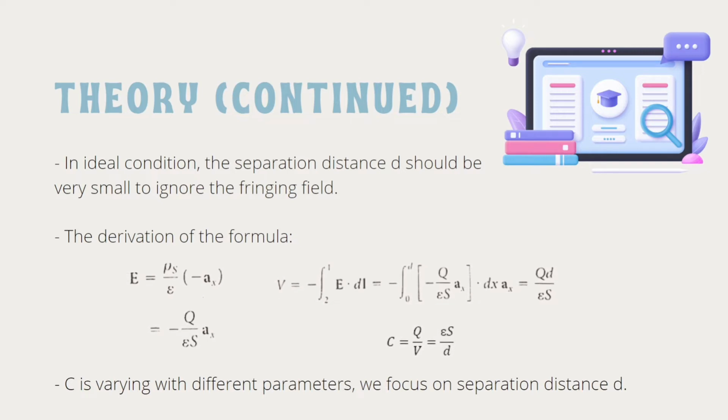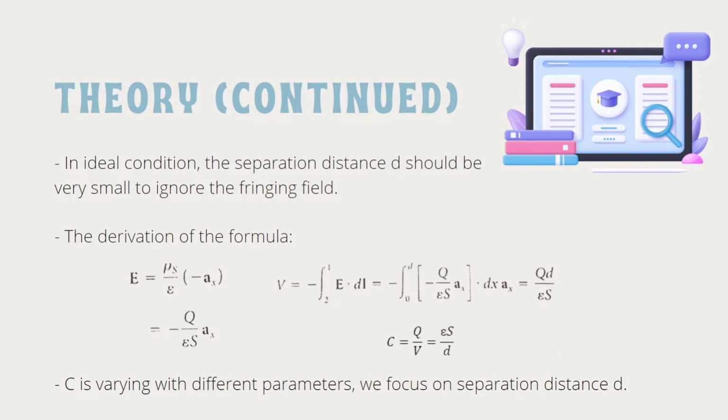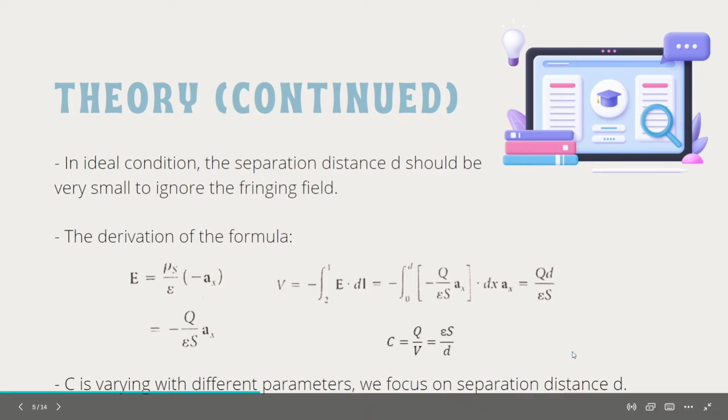We can see that the formula can be derived like this. And from the formula, we can clearly see that the capacitance can be varied by S or D, where S is the surface area of the plates and D is the separation distance of the plates. In this experiment, we are focusing on the parameter of separation distance only.